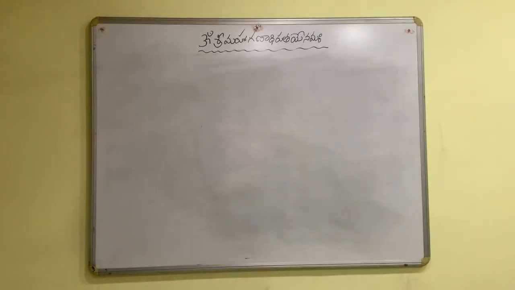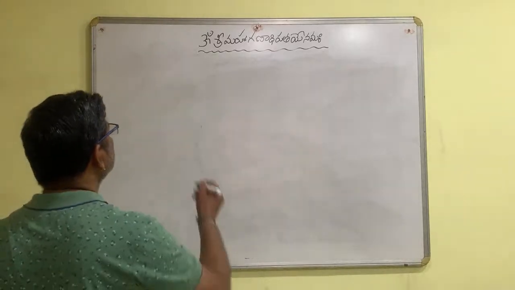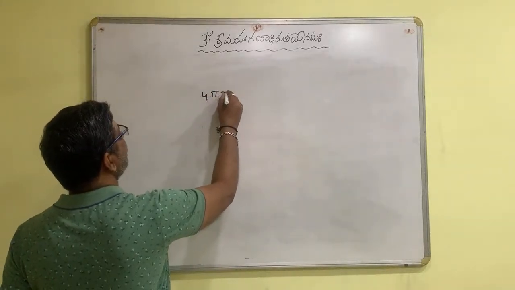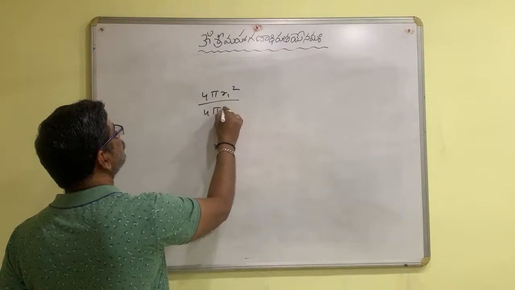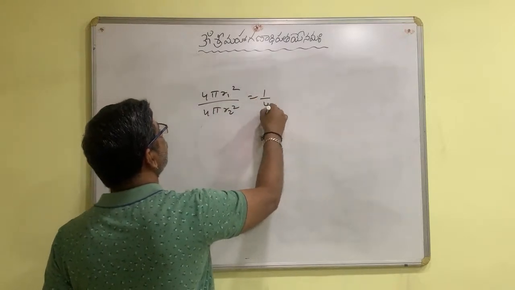The ratio of surface areas of two spheres is 1:4. Find the ratio of their volumes. 4 pi r1 square by 4 pi r2 square is 1/4.